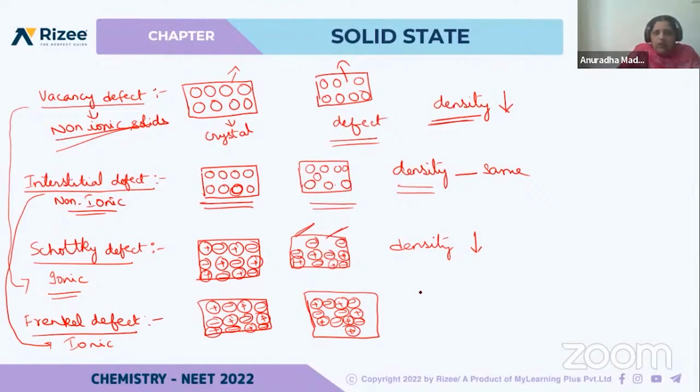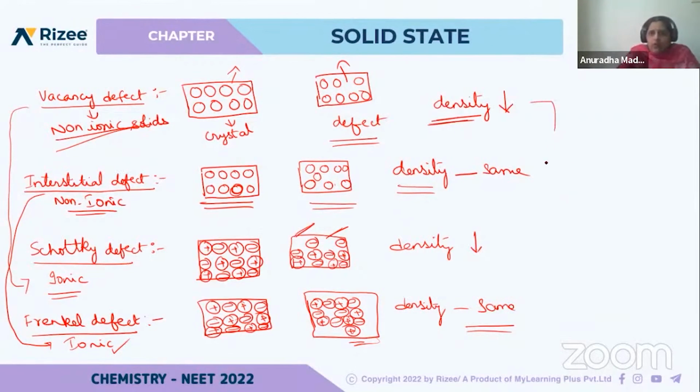Either a cation or an anion rearranges and goes into an interstitial position, internal rearrangement occurs. Then what about density? Density remains the same, because no cation or anion is lost.